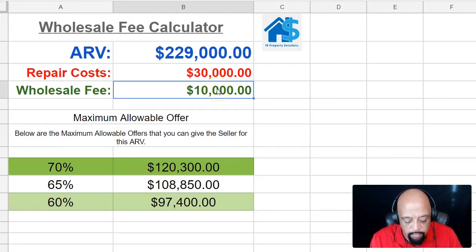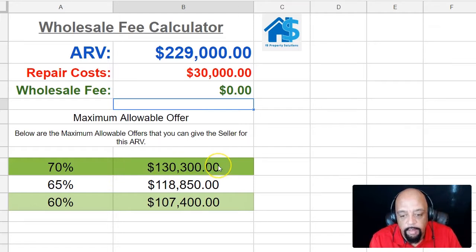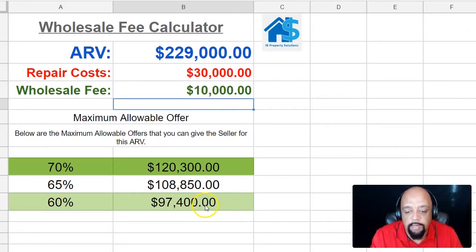Remember, this is what they would buy it at. This right here. So you're going to get the deal under contract from the seller at 97 or at 108. If you get it at 108,000, I'm just going to go round numbers.